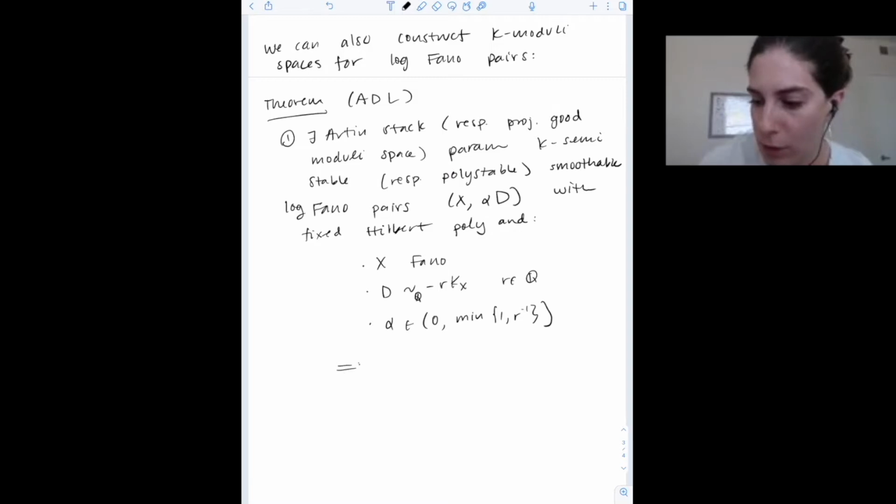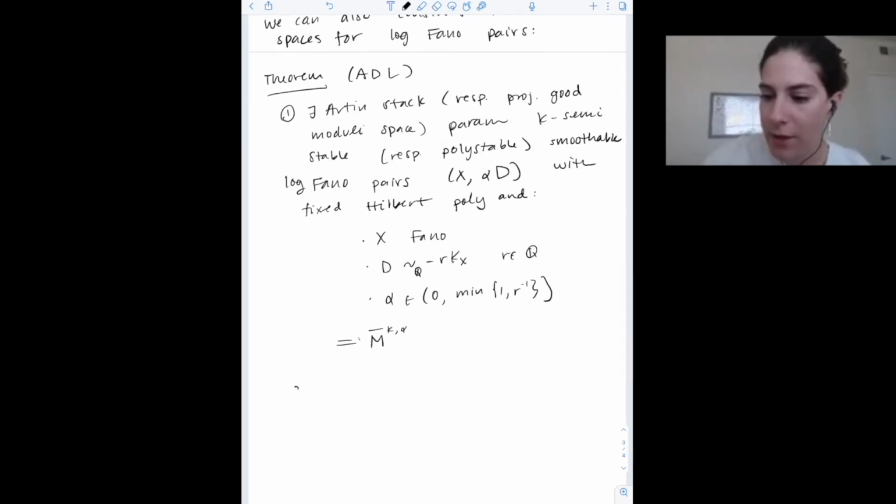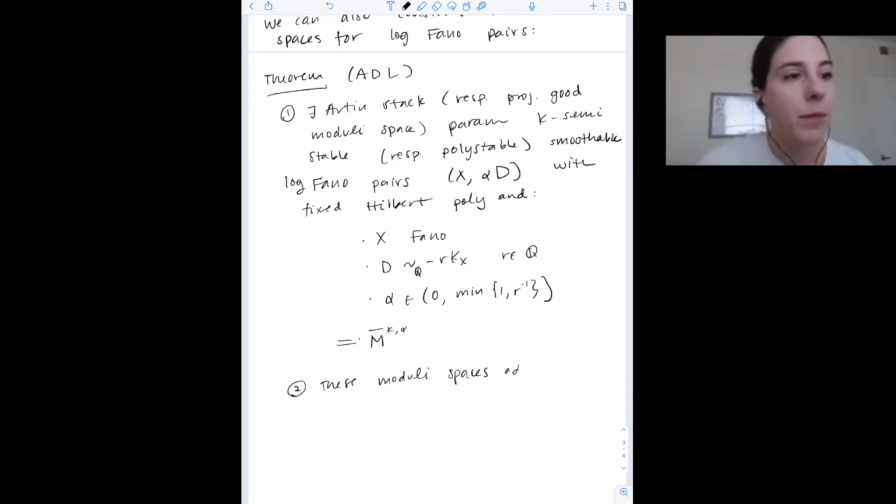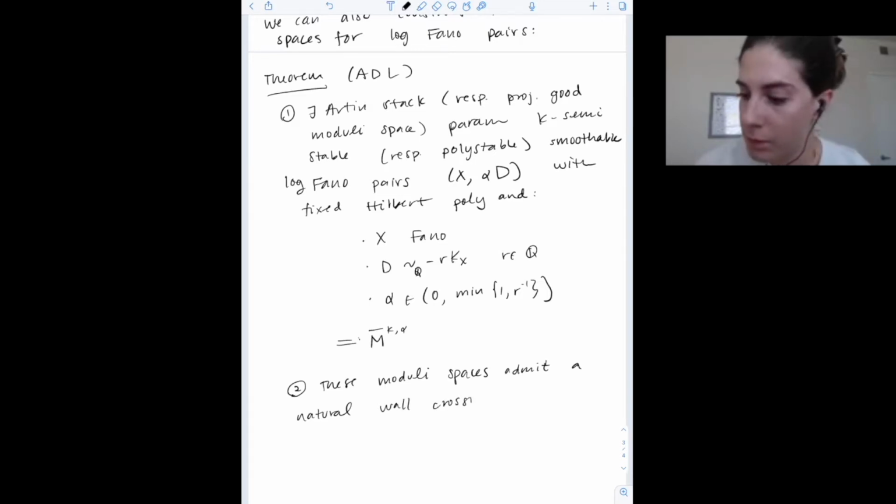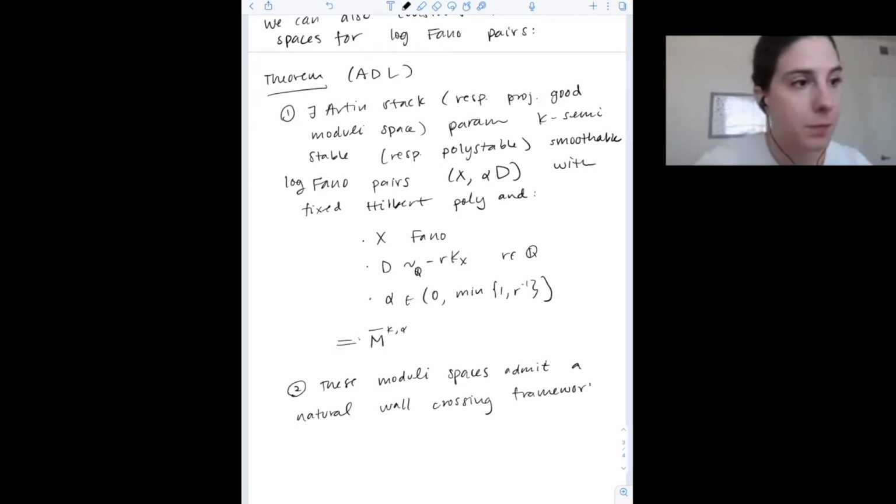So, just for context of the next result, if I call this moduli space M_K^alpha, K for K-stability, alpha for the coefficient of the divisor, these moduli spaces admit a natural wall crossing framework when we vary alpha.